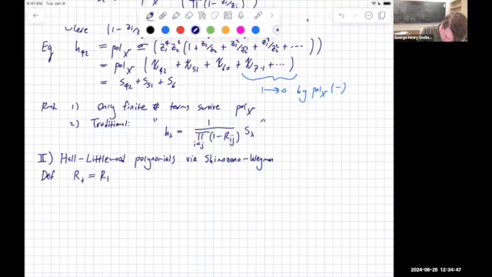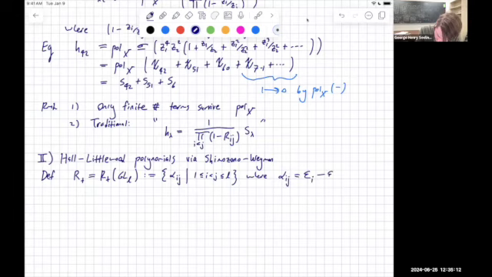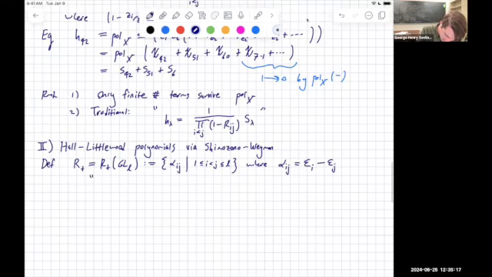I'm going to write R sub plus of GLL, and this is going to be a collection of vectors alpha ij for i less than j, where by alpha ij I mean I want to take the ith coordinate vector and subtract off the jth coordinate vector. It goes by many names, but I'll call them the positive roots for GLL.